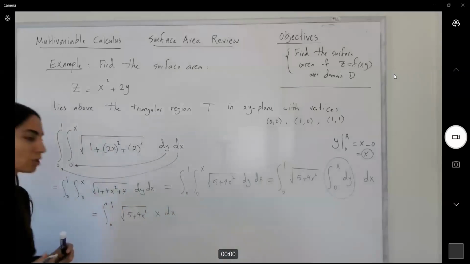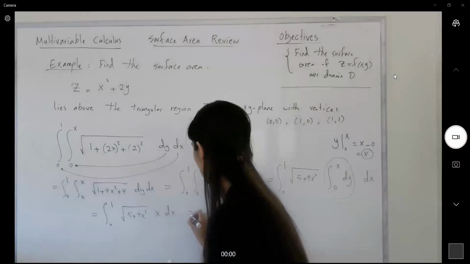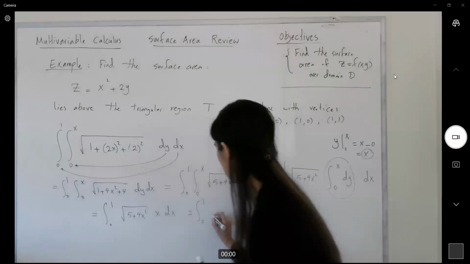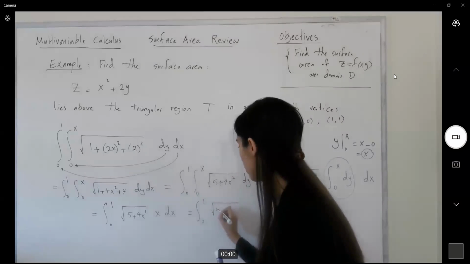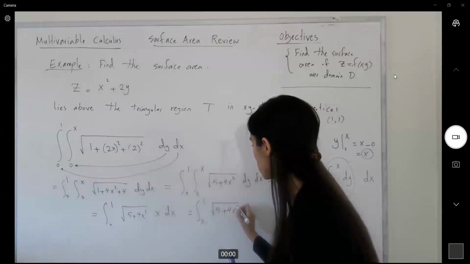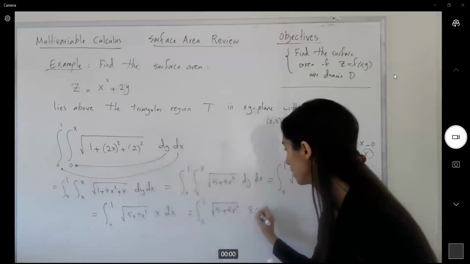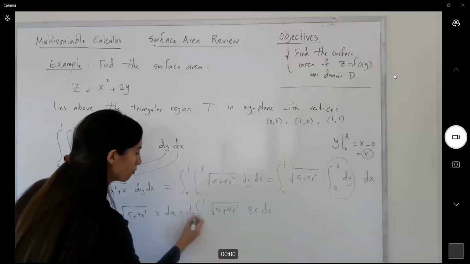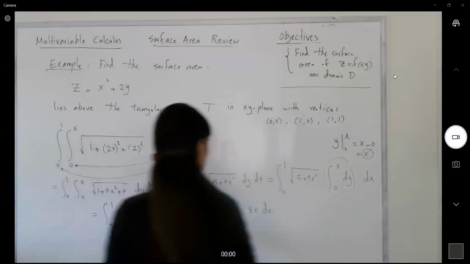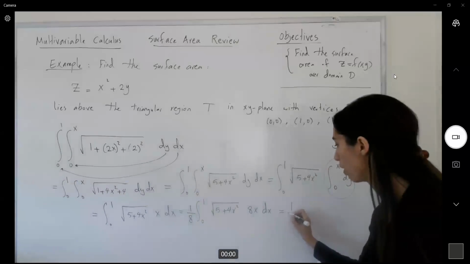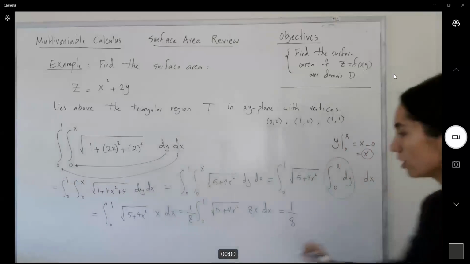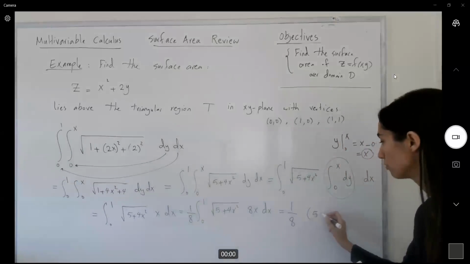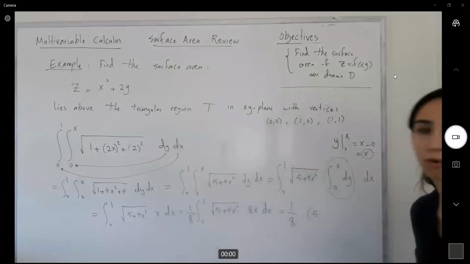You can use u-substitution in this case. You get the integral from 0 to 1 of the square root of 5 plus 4x squared times 8x dx, and we just multiply the integral by 1 over 8. This is equal to 1 over 8 times the integral of the square root of 5 plus 4x squared.